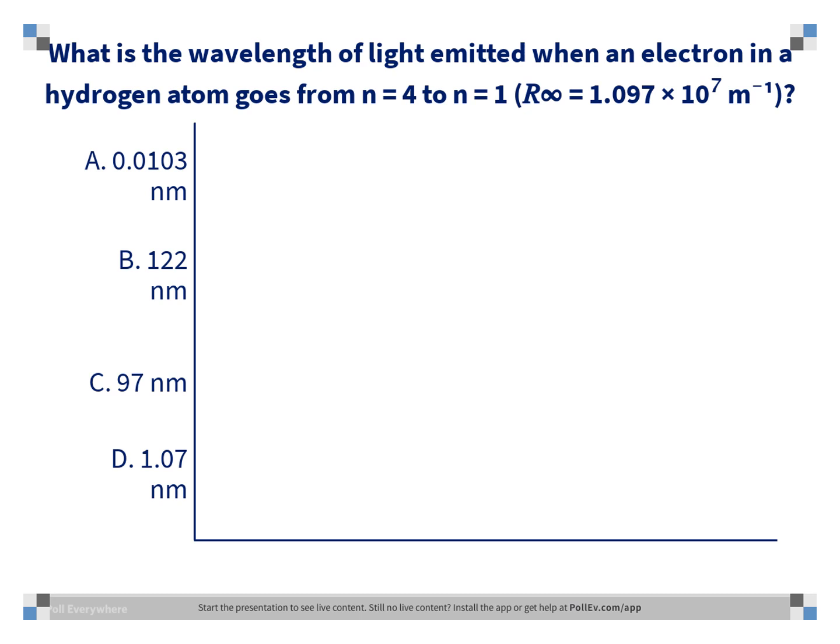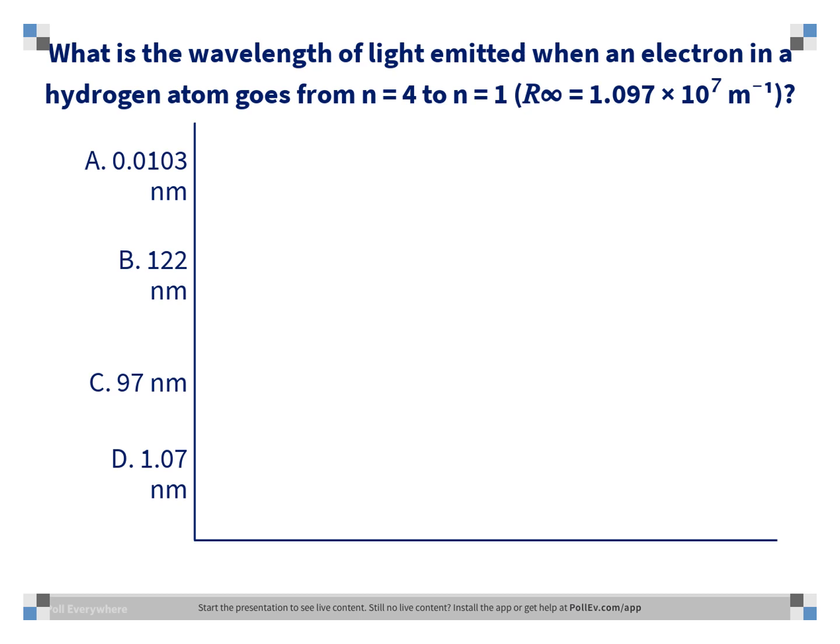We plug in 4 for the initial energy level and 1 for the final energy level. We square each of those numbers to get our fractions, then combine the fractions by giving them a common denominator before subtracting. We come out with 15/16 for our fraction.